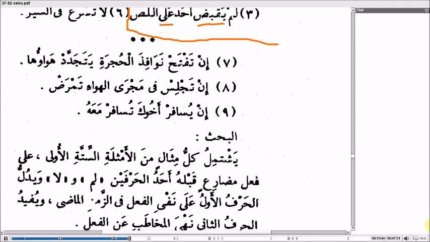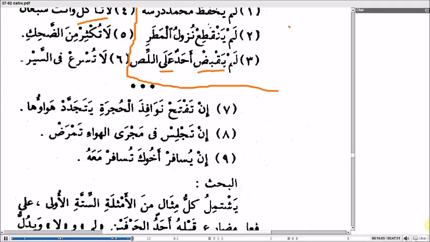Number 5, Abdullah. La tukthir means not to be abundant in dahik, laughing.